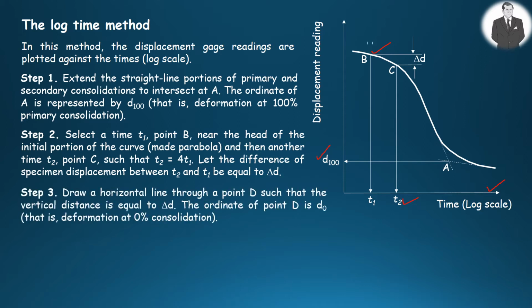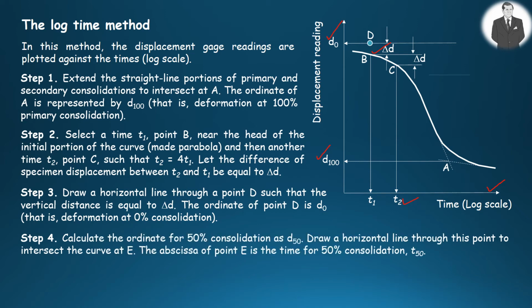Then the third step is to draw a horizontal line through a point D such that the vertical distance is equal to delta d. The ordinate of point D is d sub 0, which means deformation at 0% consolidation.